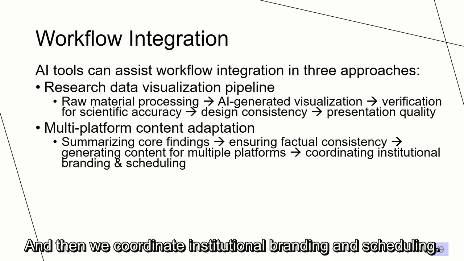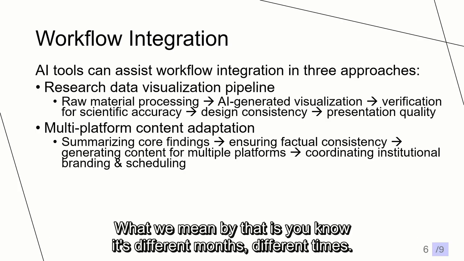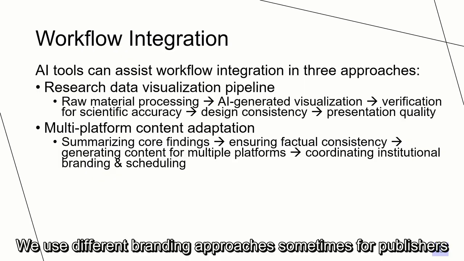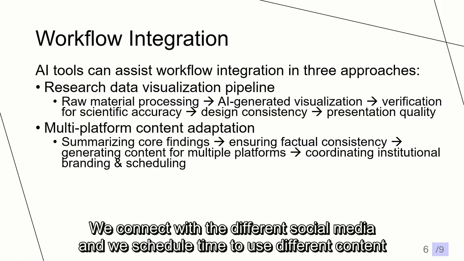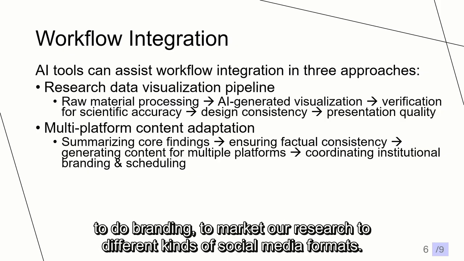And then we coordinate institutional branding and scheduling. What we mean by that is, at different months, different times, we use different branding approaches. Sometimes for publishers, for different purposes, different institutions, we connect with the different social media, and we schedule time to use different content to do branding, to market our research to different kinds of social media formats.